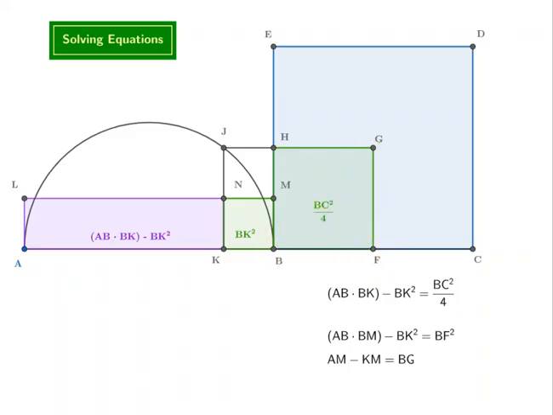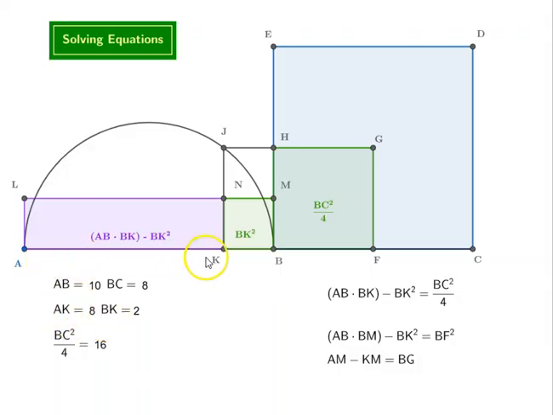Now let's look at it numerically. AB is equal to 10, BC is equal to 8, and BC square by 4 is equal to 16, because remember BC is 8, so the square is 64, and we have divided this 64 by 4, so we get 16.